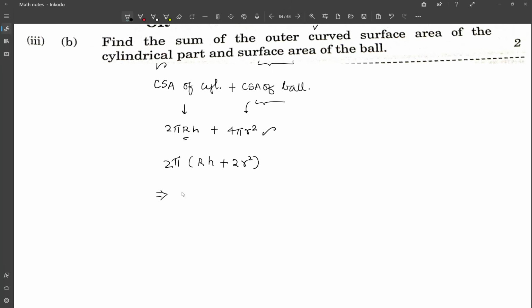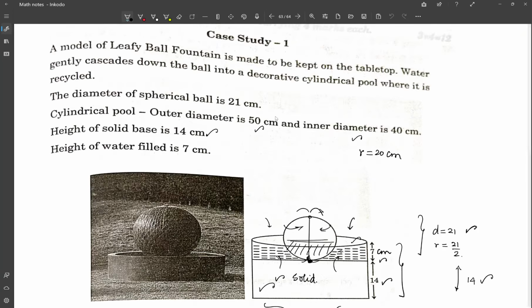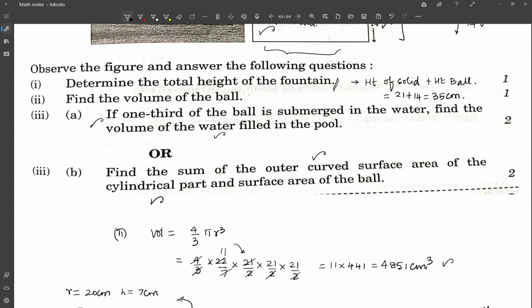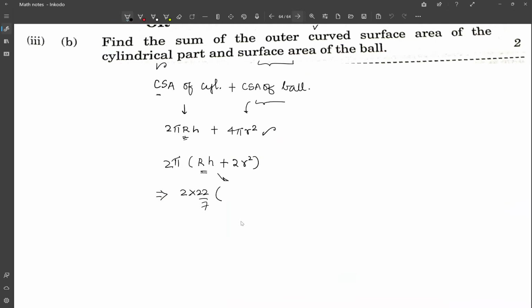So this would be 2 into 22 by 7. This capital R, the radius of the outer portion of the cylinder, would be 25, because the outer cylindrical part's area is what we have to find. Outer CSA is what is asked. So this would be 25 into the height.